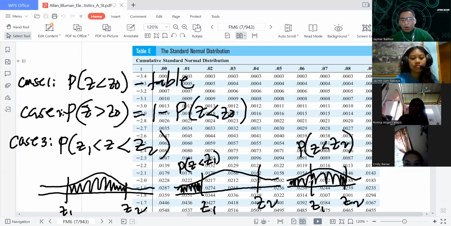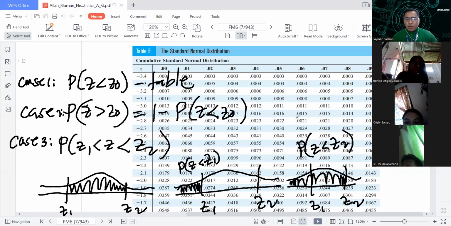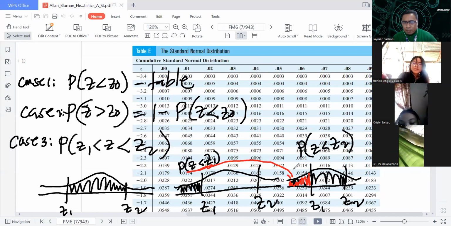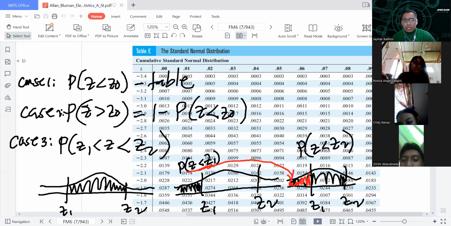Which is larger? The probability of z less than z sub 2 or of z less than z sub 1? Z sub 2, sir. Very good. This is the larger area compared to this. If you remove the probability of z less than z sub 1 from the probability of z less than z sub 2, what is left is only this.